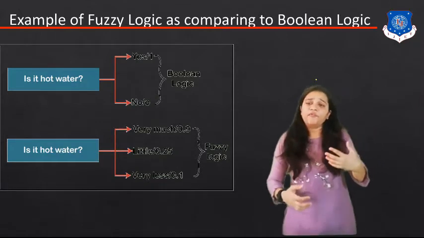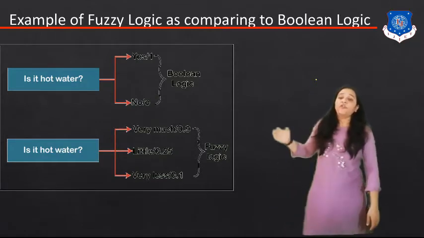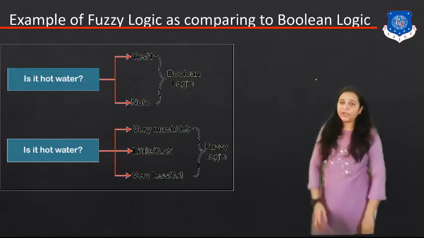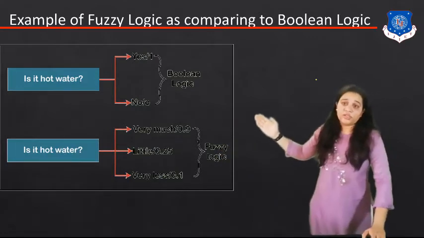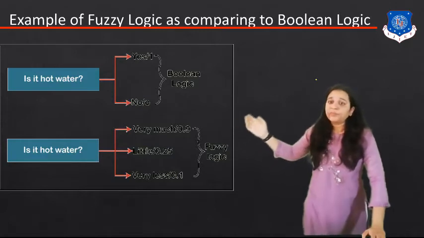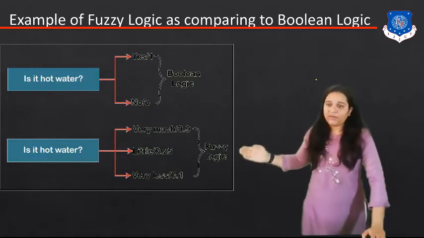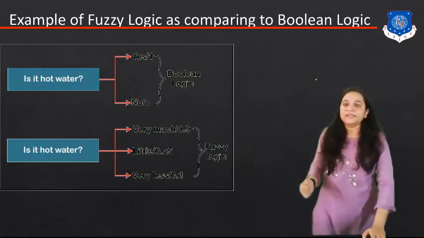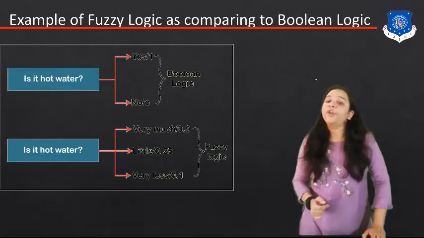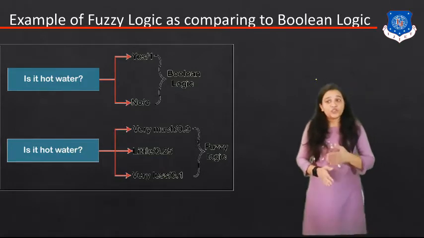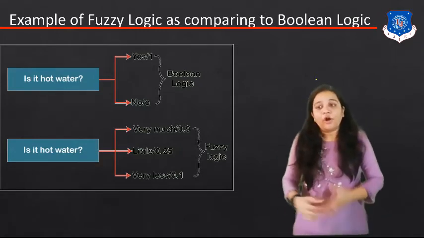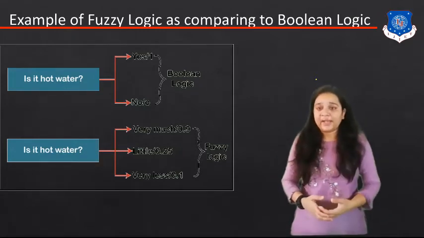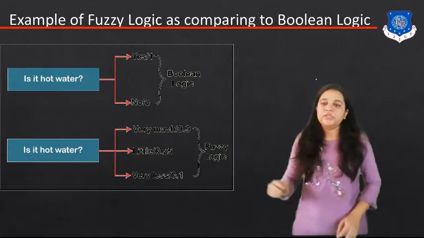Here three values are given: for very much hot water the value is 0.9, for little hot water 0.25, and for very less 0.1. So if we want to know the actual condition of the water at a particular time, or throughout the system, we can use fuzzy logic.